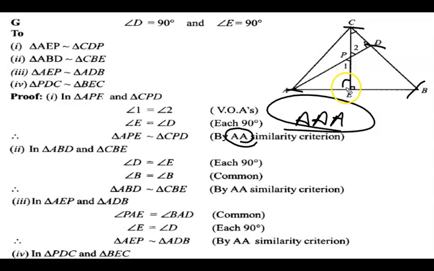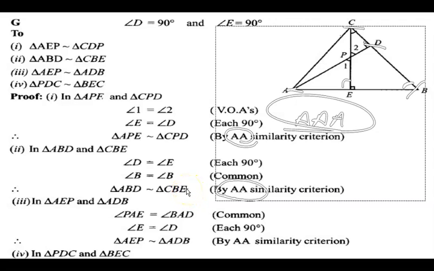Now angle B is common in both. So again we meet the AA criterion, because if two angles are similar, then the third is bound to be similar. Therefore triangle ABD is similar to CBE.